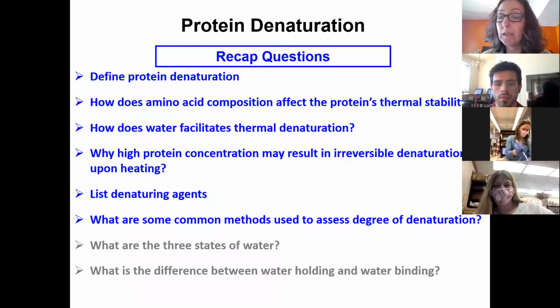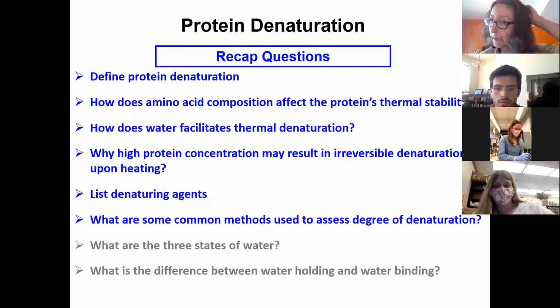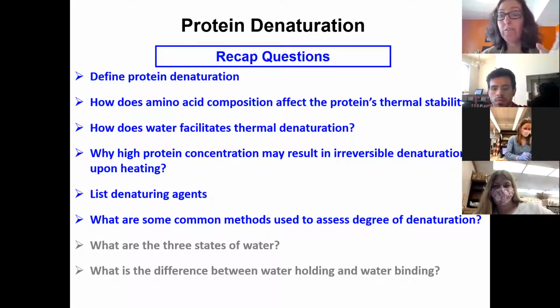Also, amino acids in the sequence that tend to form alpha helix versus beta sheet. Alpha helix are more thermally labile than beta sheets. So amino acid composition and sequence impact secondary structure, tertiary structure formation, and therefore the thermal stability.